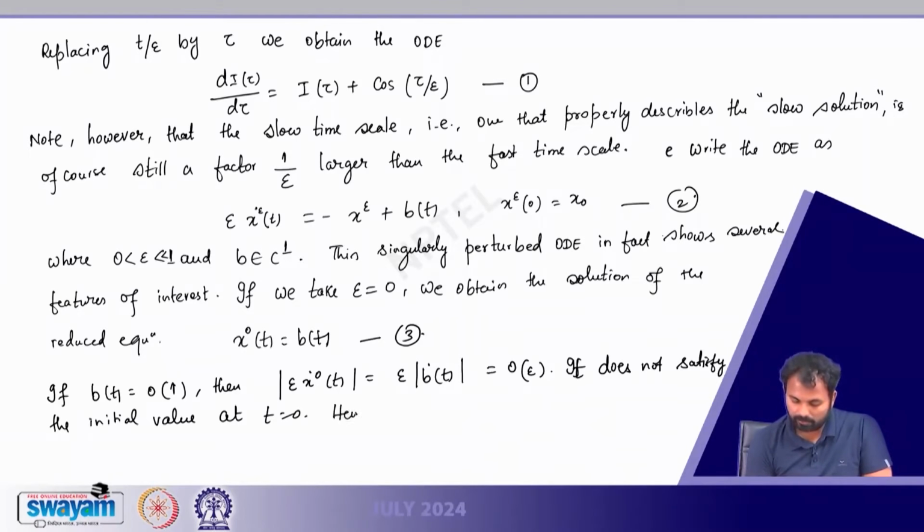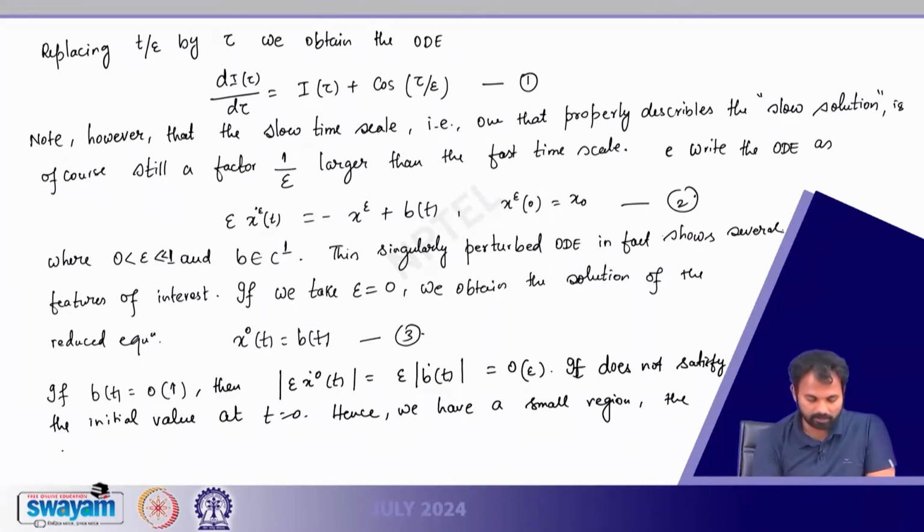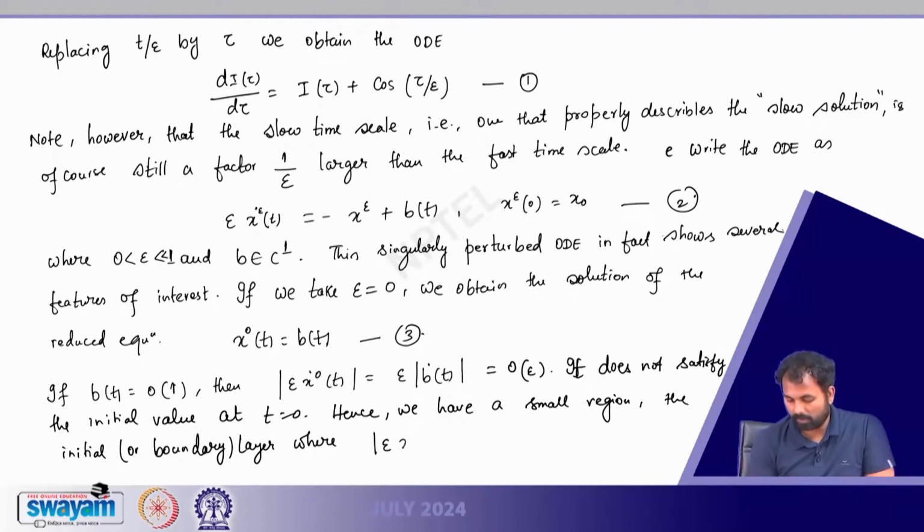Hence we have a small region, the initial or boundary layer, whatever, boundary layer, where epsilon into x dot of epsilon t is becoming of order 1, right?